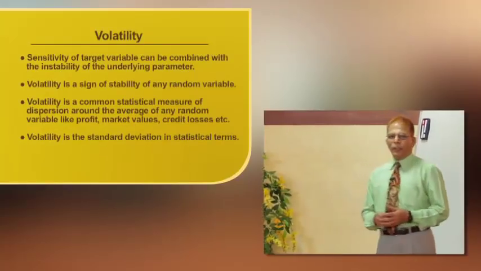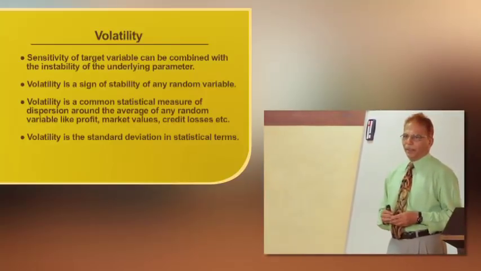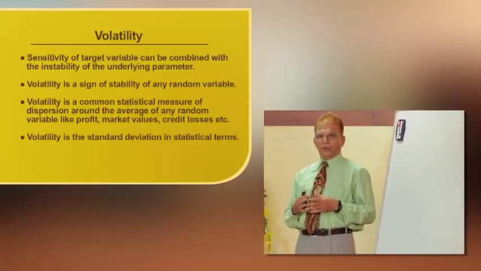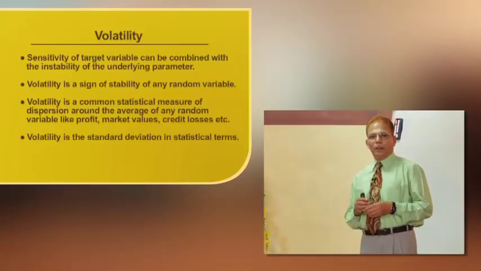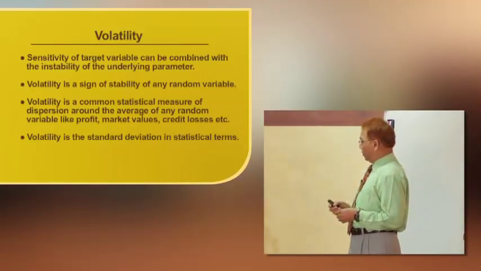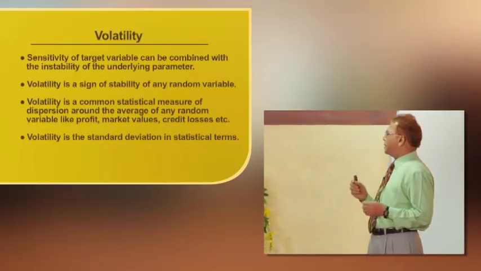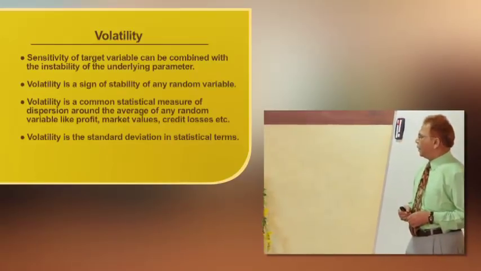Now let us understand what is volatility, because we talk about volatility in the market. They say the more the volatility, the more the risk. So normally the most volatile markets are the ones where people either make money or lose money in a higher amount. Sensitivity of the target variable can be combined with the instability of the underlying parameter.